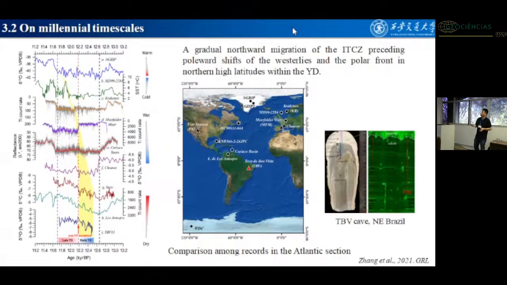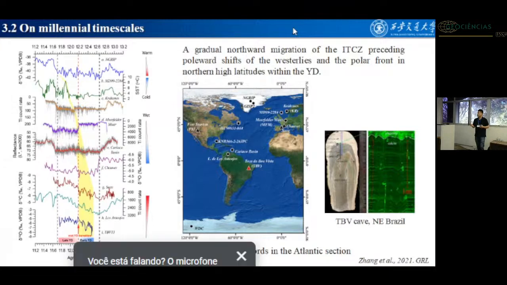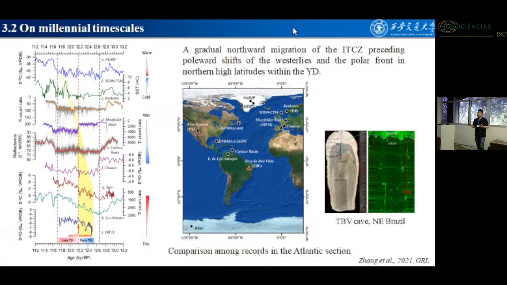Another work is from northeast Brazil, stalagmite TBVK. This sample grew in the Younger Dryas period. The lower part is calcite and the top is aragonite. As we know, calcite grows in wet conditions, but aragonite grows in drier conditions. So the Younger Dryas can first be divided into wet and dry.